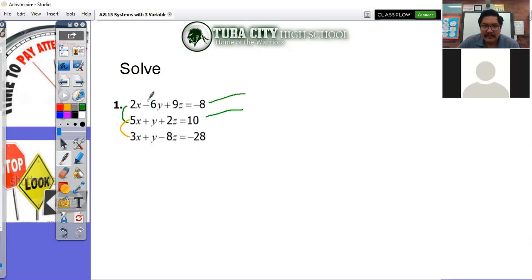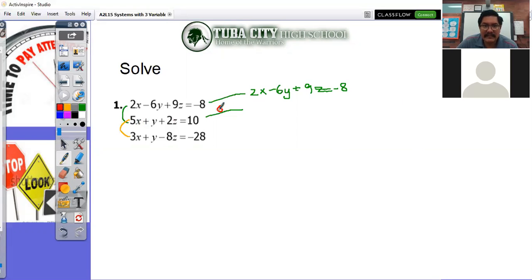Okay, so I think this first one can stay the same: 2x minus 6y plus 9z equals -8. Now I'm going to multiply this bottom one by 6.